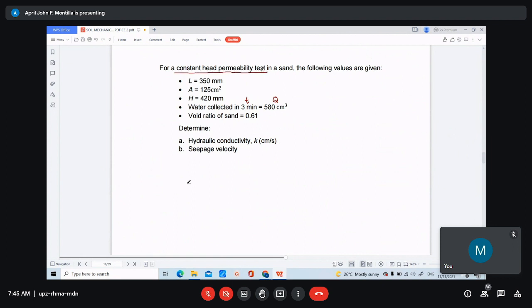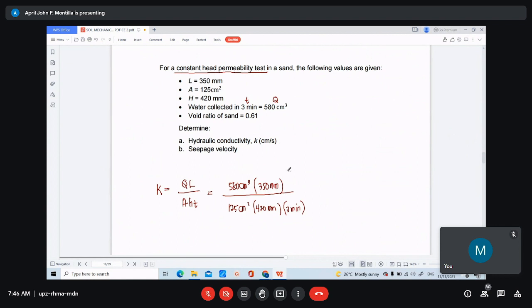Since the constant head permeability test was mentioned, you should know that equation. The hydraulic conductivity is equivalent to QL over AHT. We have the volume, 580 cubic centimeters; the length of flow, 350 millimeters; over the cross-sectional area, constant head difference, and duration of 3 minutes, all given.